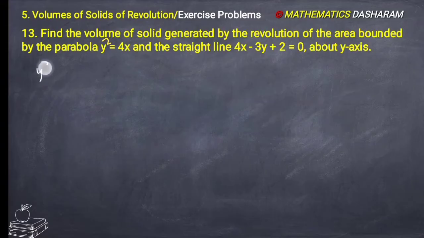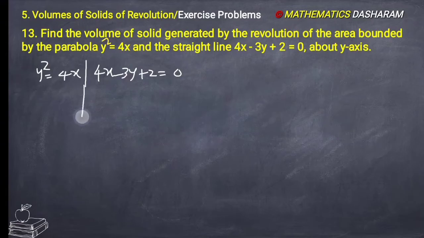So y square equals to 4x, and the straight line is 4x minus 3y plus 2 equals to 0. So 4x here, what is a 4x here? Y square is a 4x, minus 3y plus 2 equals 0.